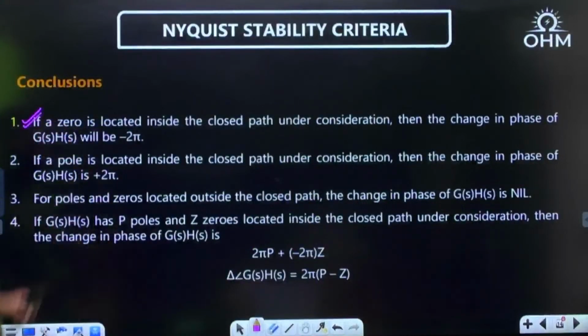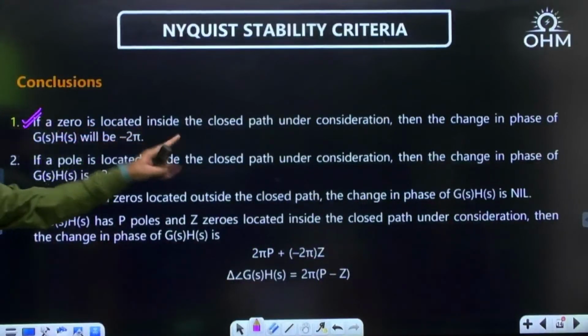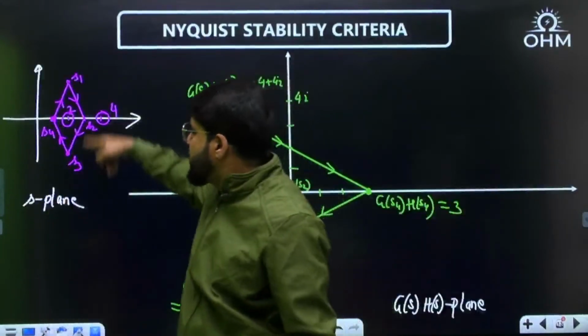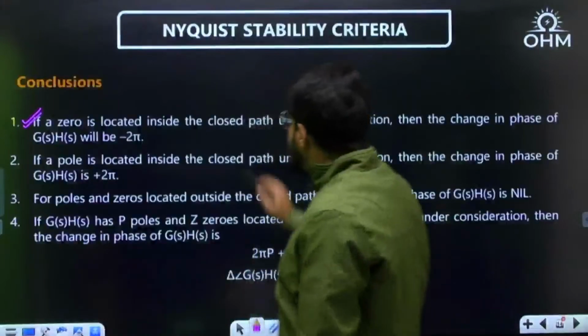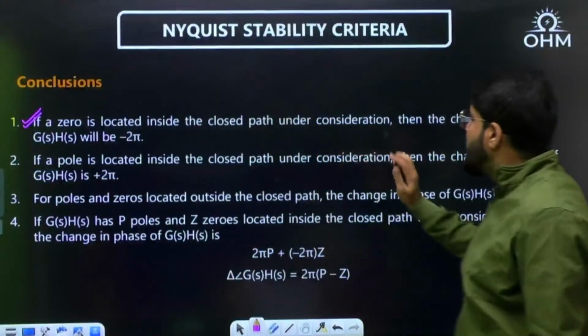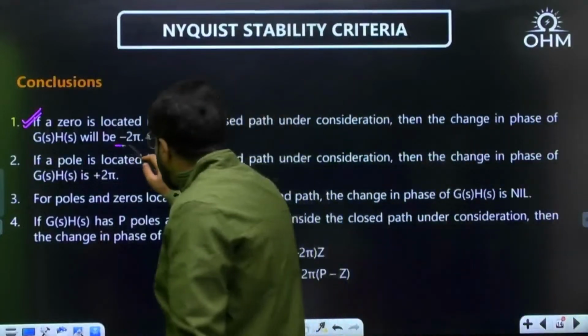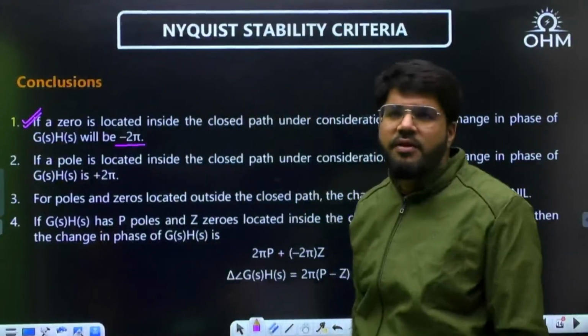Look into it. If a 0 is located inside the closed path under consideration, whatever closed path you are taking, right now I have taken this closed path randomly, then the change in phase of G(s)H(s) will be minus 2 pi.